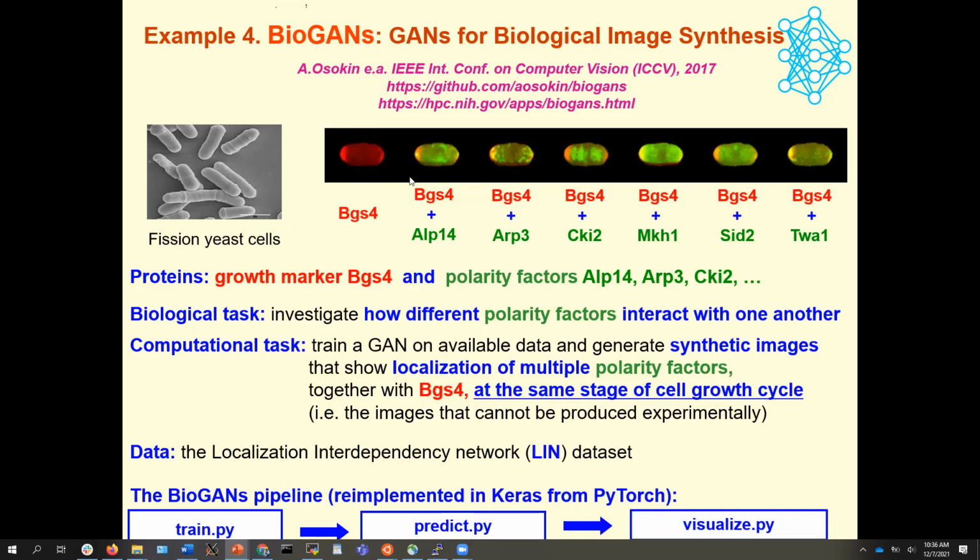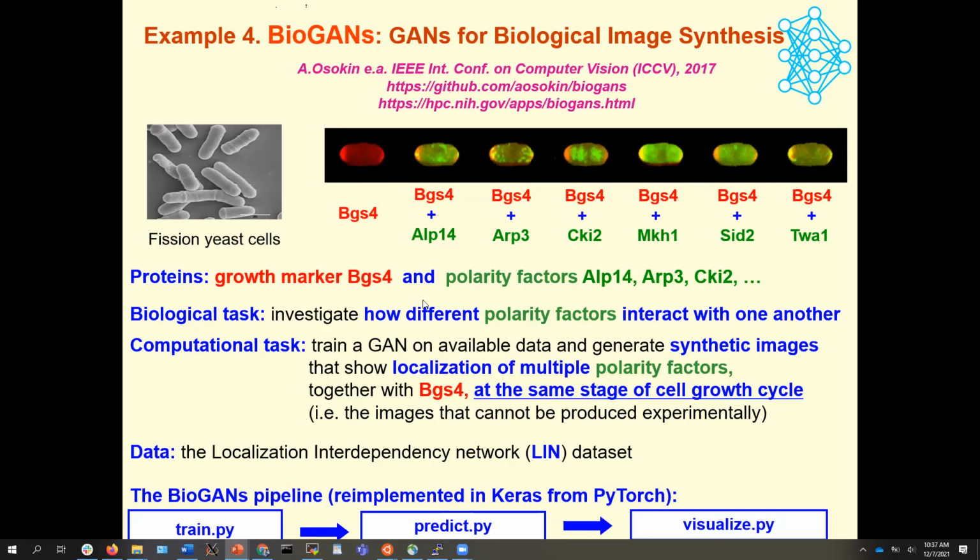As for the second channel, it's also one of the so-called polarity factors. There are a number of such proteins, 41 in total, but we will focus only on these four. And the polarity factors determine the geometry of the cell.